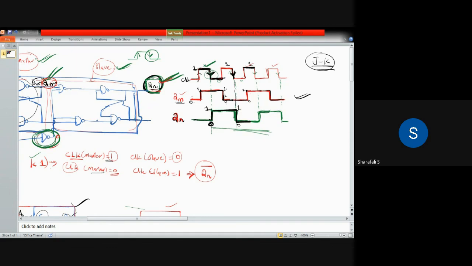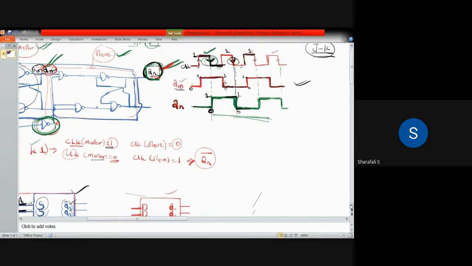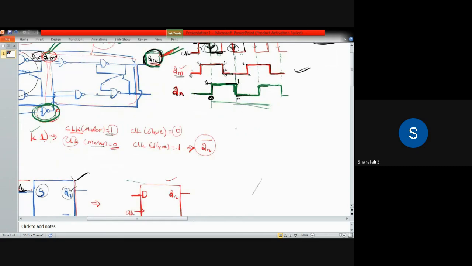So this particular condition is called negative trigger, which means that we are just taking the inversion of that clock pulse. If you are applying the clock pulse into your flip flop, your flip flop is active with the clock pulse equal to 1. So this is CLK equal to 1, and under this condition the flip flop will be active.